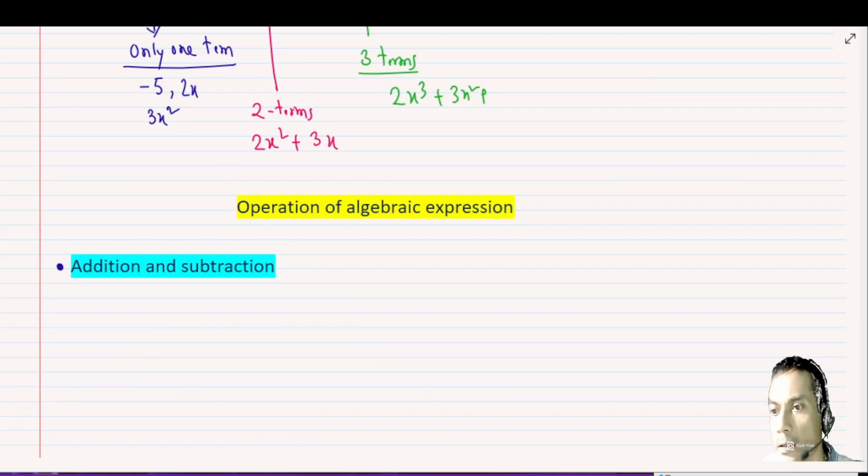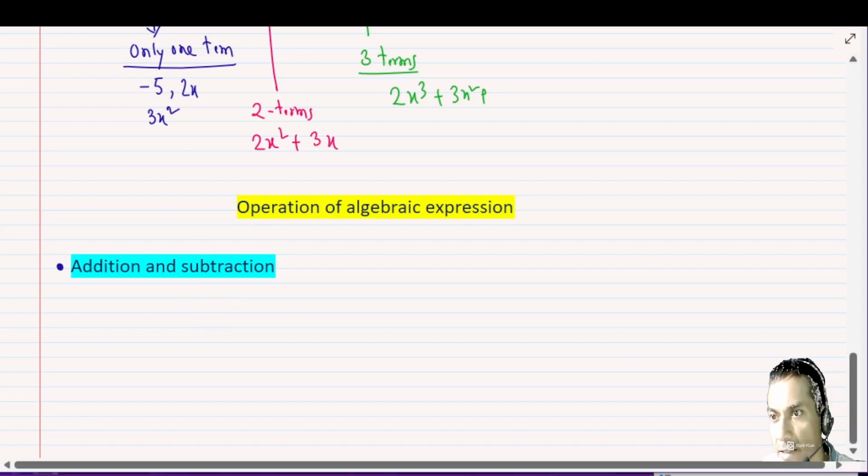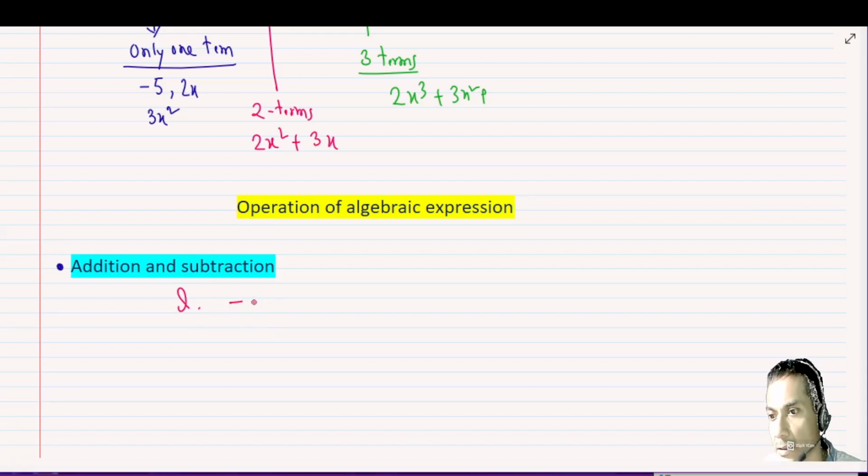Now we learn the operations on algebraic expressions. First we learn addition and subtraction. Let's take one example. The question says: add all these algebraic expressions, 3a square b plus 3ab square, 2ab, minus 5ab square and 4a square b.